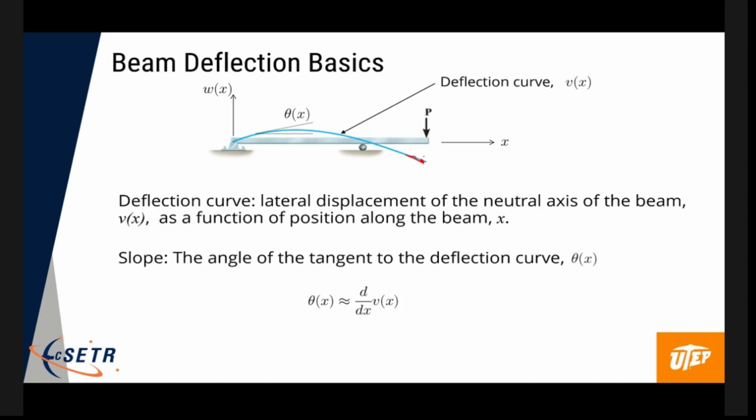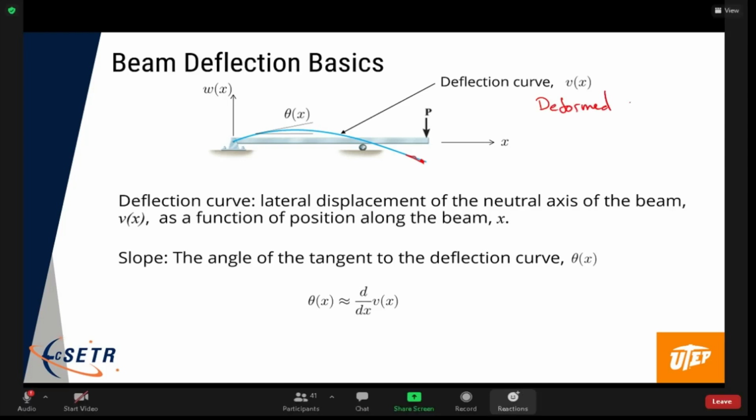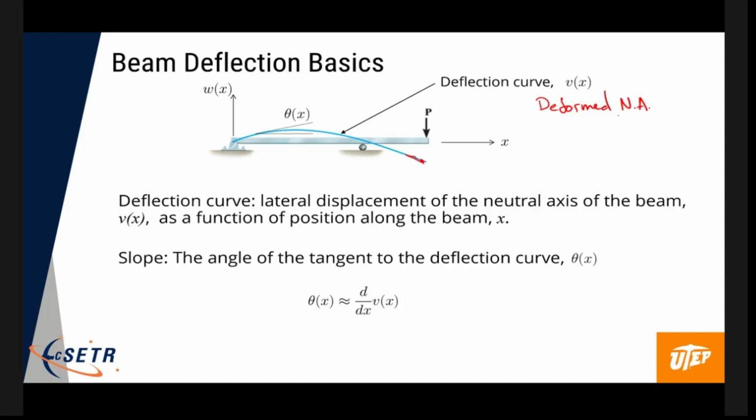It's the deflection of the neutral axis, the deformed neutral axis of the beam. So it deflects off of the neutral axis.